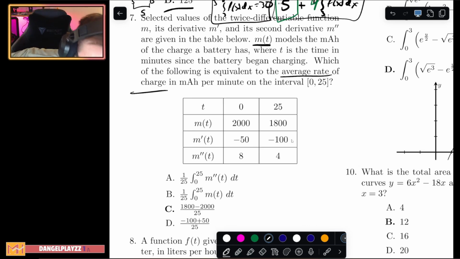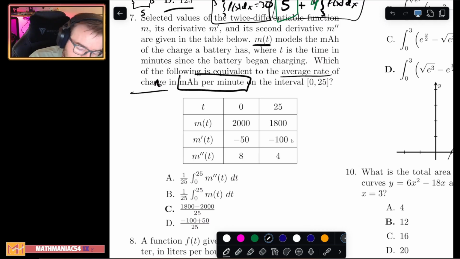Average rate of change. Average rate of charge. I mean, could it be charge? That should be an N. The point is the units are the giveaway.